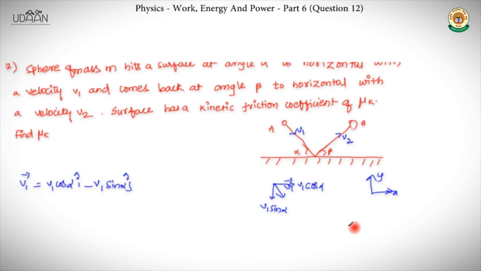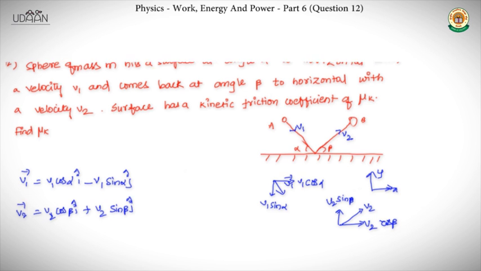And similarly for v2, just after hitting the surface, the components will be v2 cos beta and v2 sin beta. So v2 bar will be equal to v2 cos beta i cap plus v2 sin beta j cap.